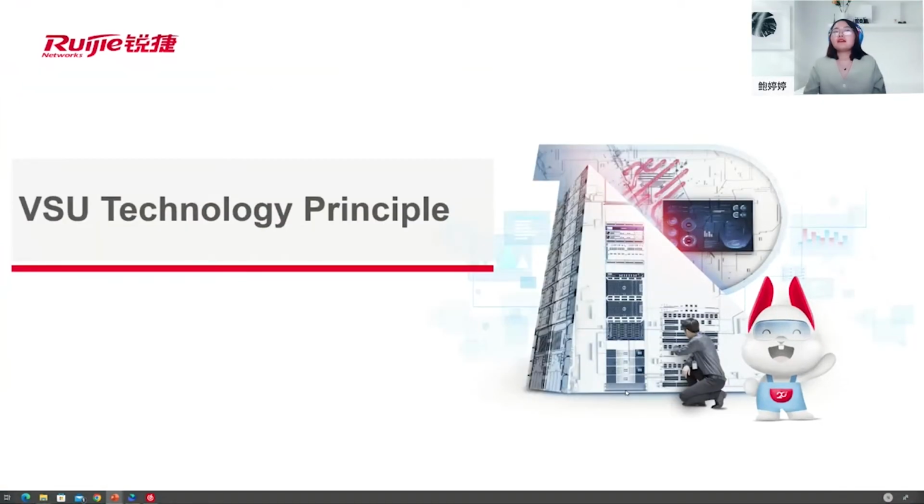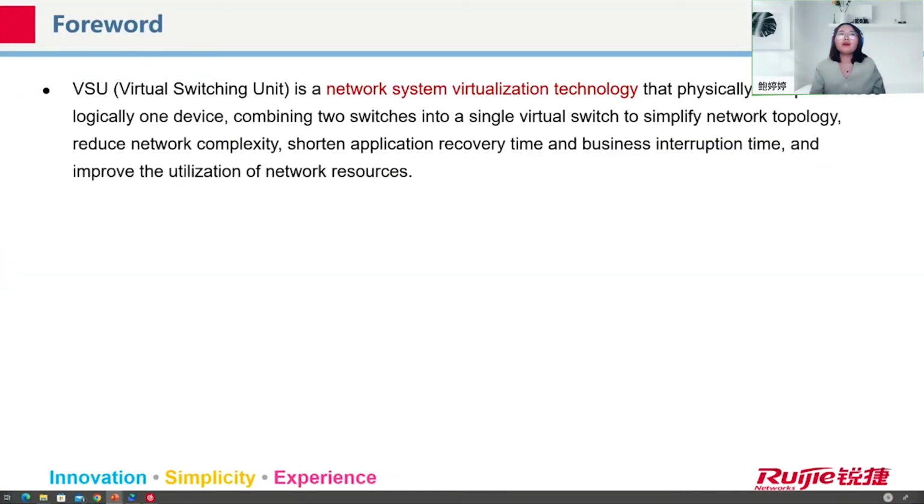The VSU technology principle. First, we have to know the full name. VSU is a virtual switching unit. Like the name, this is a technology for switch devices. And this is a virtualization technology, and we can combine physical devices to become one logical device.